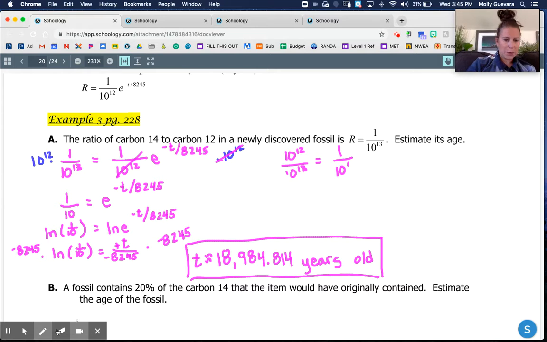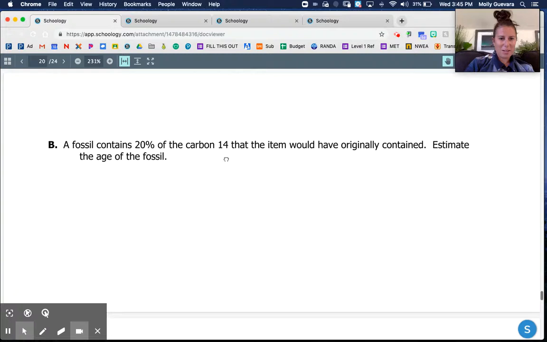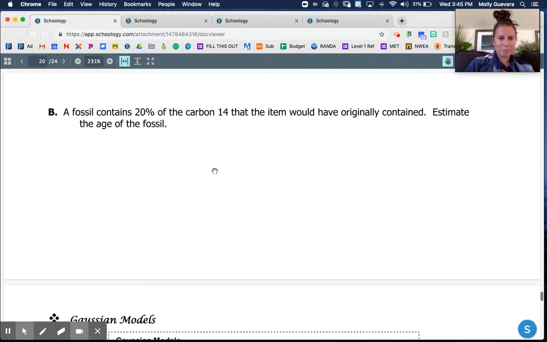Fancy. Let's look at B, and then that'll be our last problem. Okay, so B says a fossil contains 20% of the carbon-14 that the item would have originally contained. Estimate the age of the fossil. Okay, so what I'm going to do is I have to find out what 20% of that is.